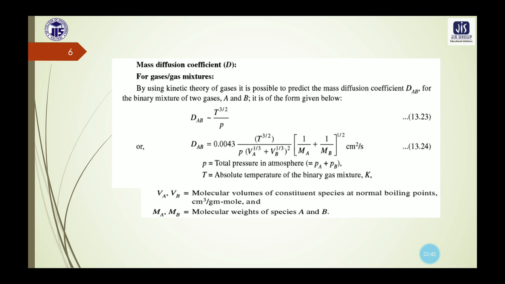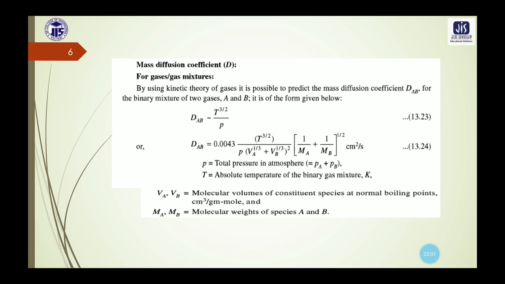Here P is the total pressure in atmosphere, it is Pa plus Pb for the two different species, and capital T is the absolute temperature of the binary gas mixture. Va and Vb are the molecular volumes of constituent species at normal boiling points.